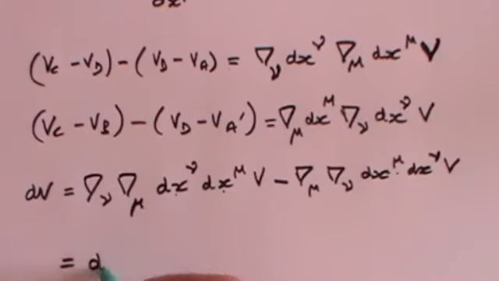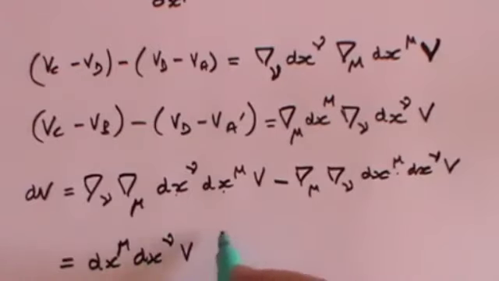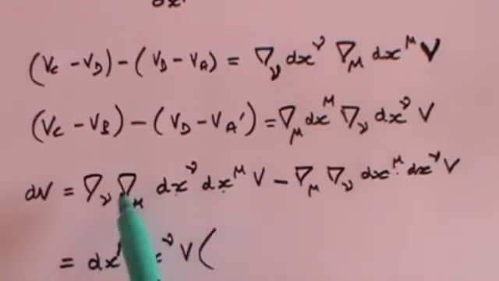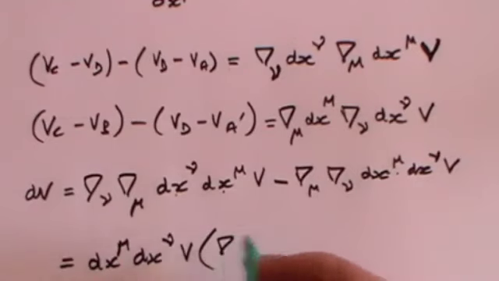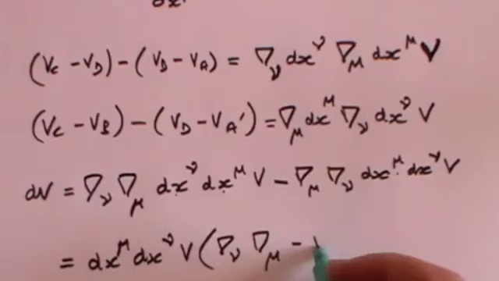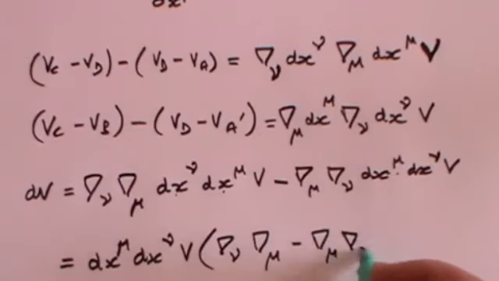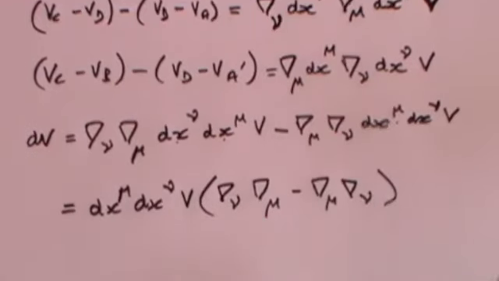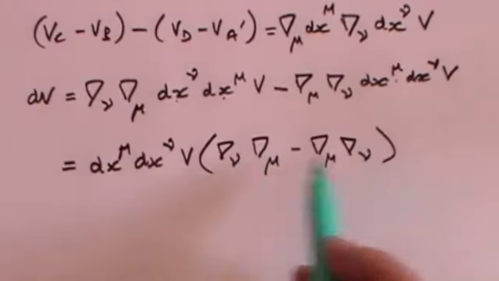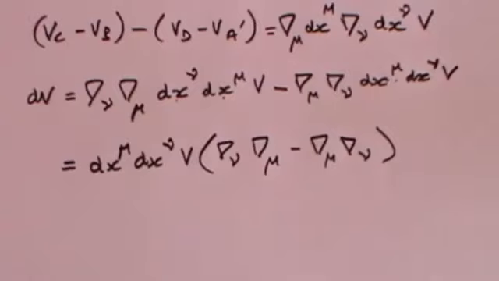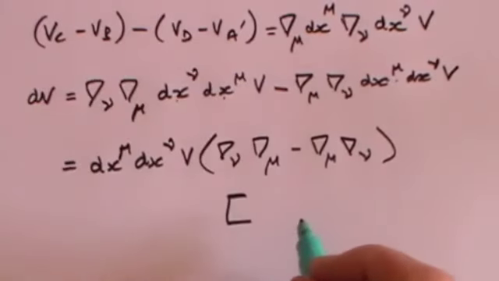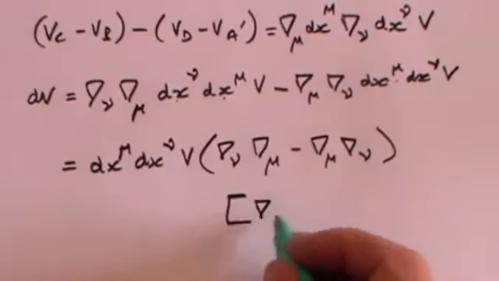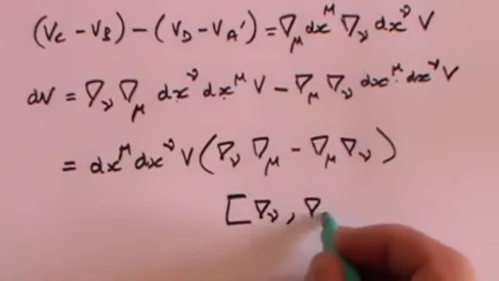So that becomes dx nu dx mu v into what's left, which is covariant nu covariant mu minus covariant mu covariant nu. And that you'll recognise, of course, is simply the definition of the commutator, which is, of course, simply the commutator of nabla nu and nabla mu.